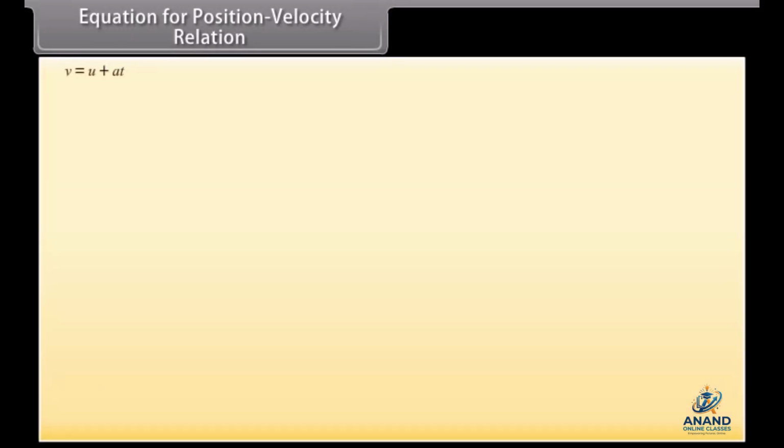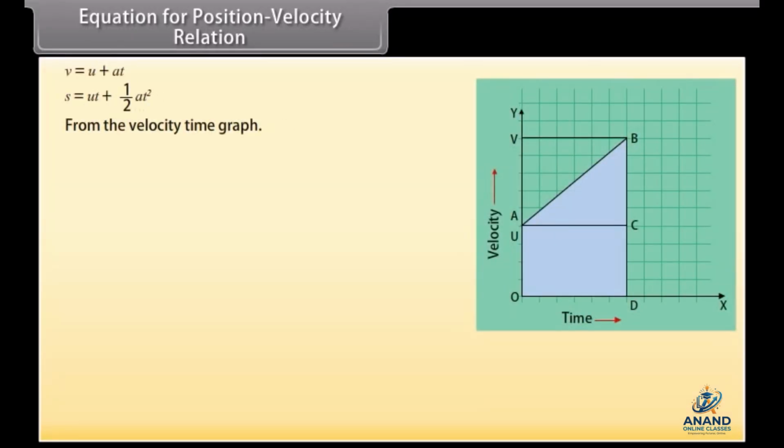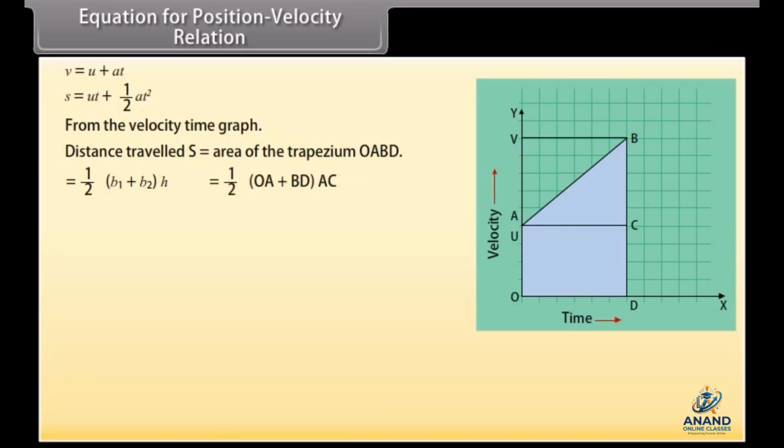Equation for position-velocity relation. The third equation will be obtained from these two equations. From the velocity-time graph, distance traveled s is equal to the area of the trapezium OABD. This is 1 upon 2 into (B1 plus B2) into h, which is equal to 1 upon 2 into (OA plus BD) into AC.